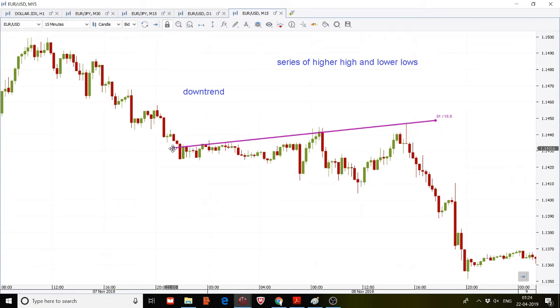From my experience, I can say don't worry about the joining points or the trend line, or what kind of structure you are getting. You just need three things: when the instrument is in a downtrend, the series of higher highs and lower lows, and then the five wave structure.